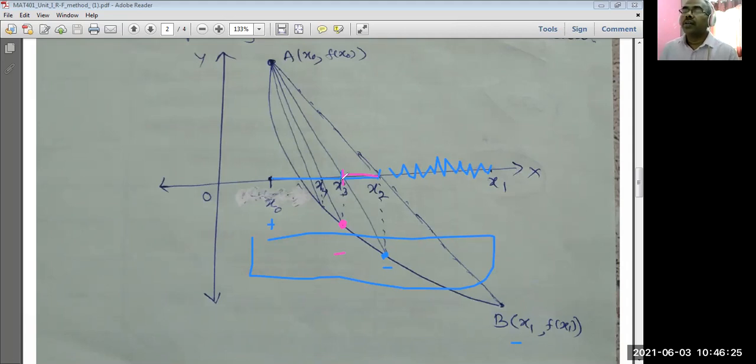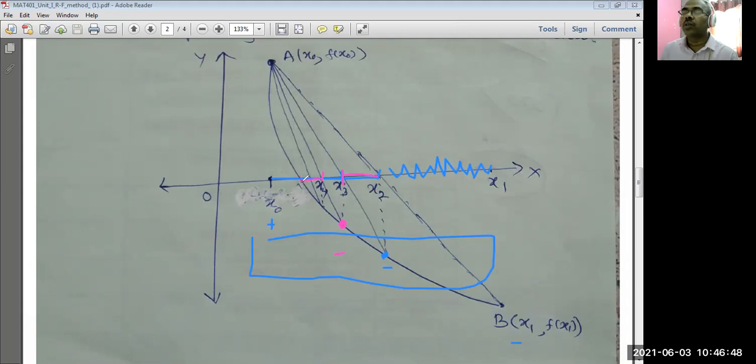So again, you join these points and you get a new point x1, which is the intersection of this straight line chord and the x-axis. Proceeding in this way, you will observe that you are very close to the root of the given equation.